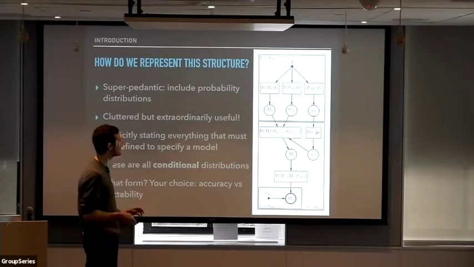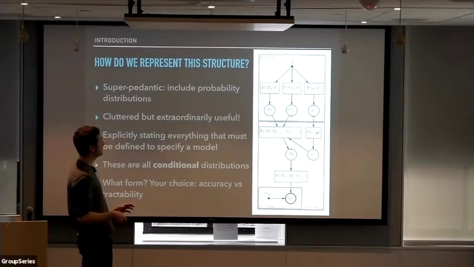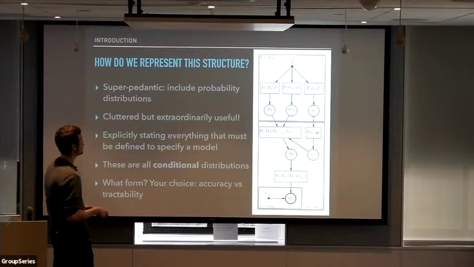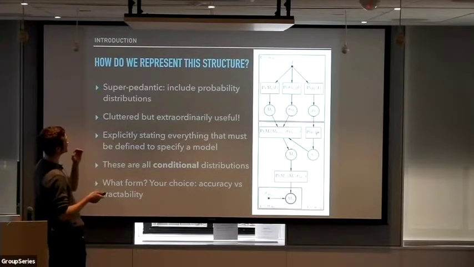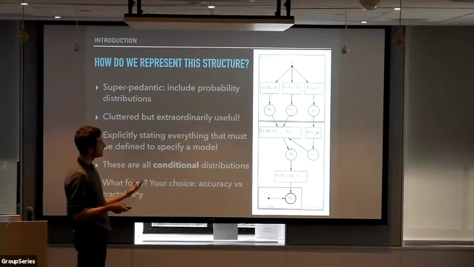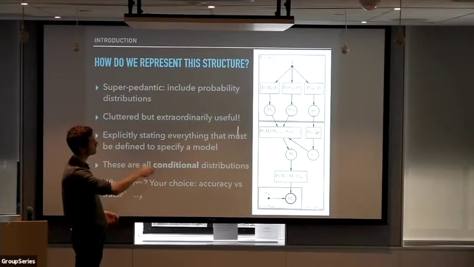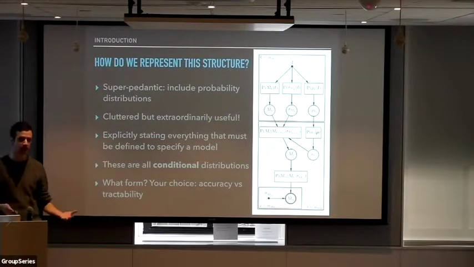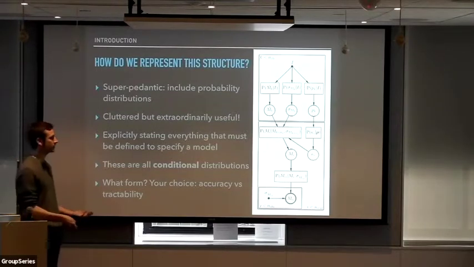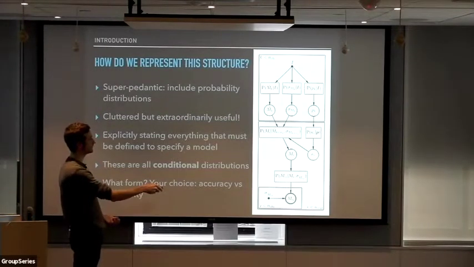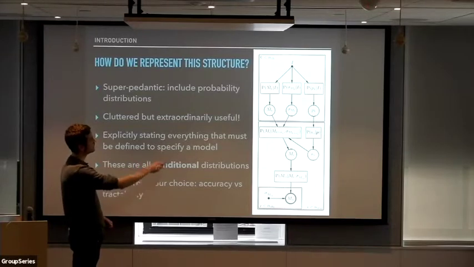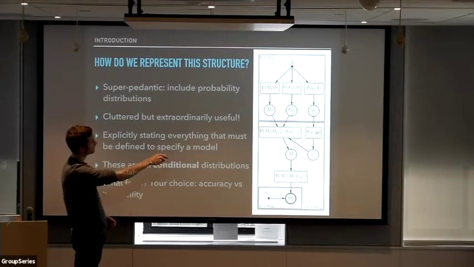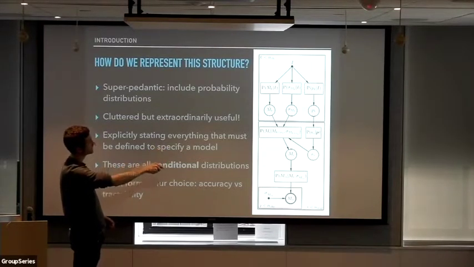Okay? For a wide variety of reasons. Firstly, it's telling you on this diagram everything that you need to specify in order to completely describe your model. Okay? So it tells you all of the parameters that are in your model, right, which is what we already had, but it also tells you all of the probabilistic relations between the parameters.